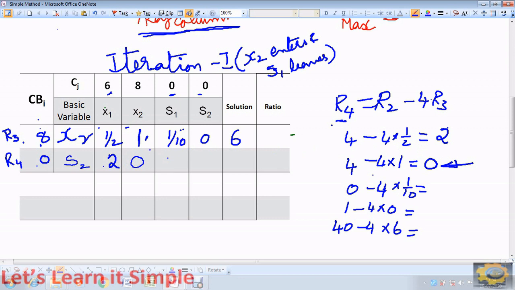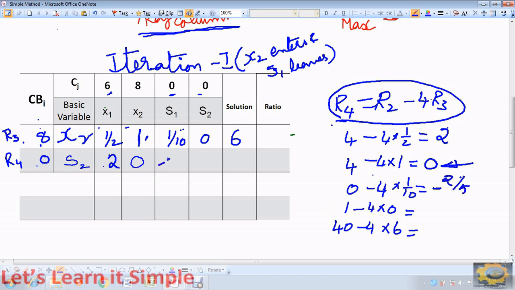So here, in the key element or the pivot element, it will be made 1, and the corresponding values in the key column will be made 0. So for this we did this computation, that is R4 is equal to R2 minus 4R3. So next we have 0 minus 4 into 1 by 10, which amounts to minus 2 by 5.